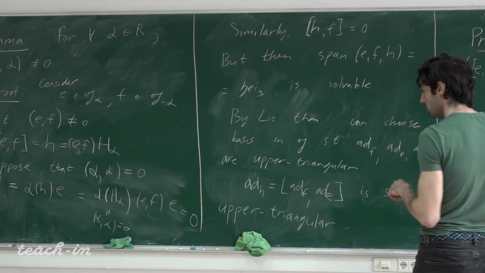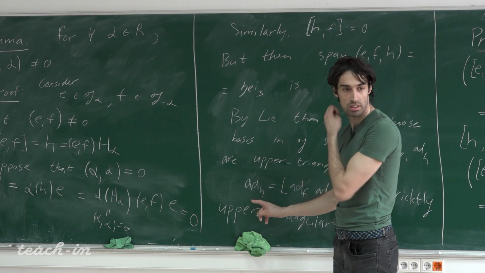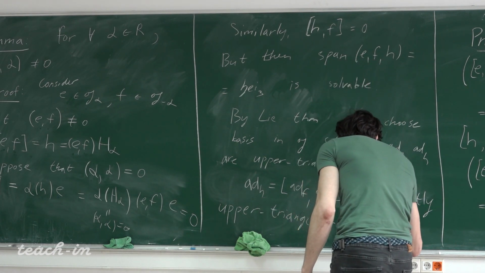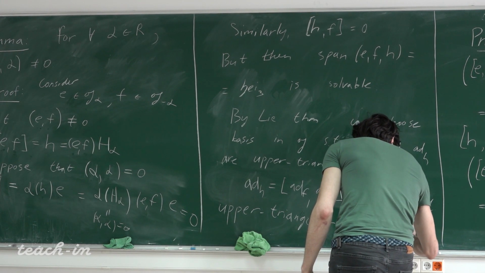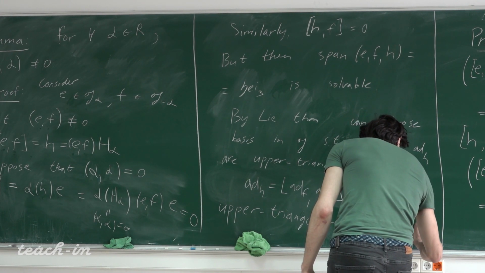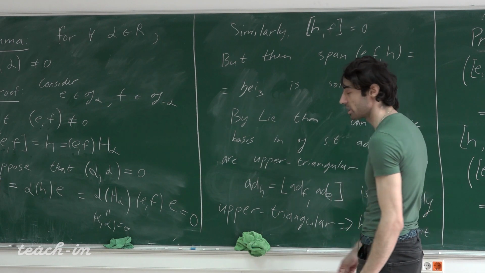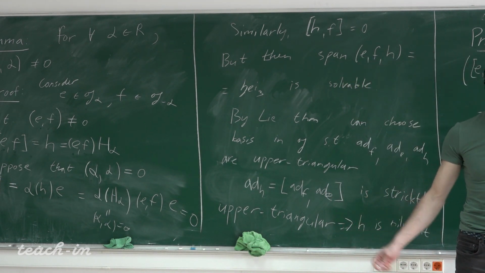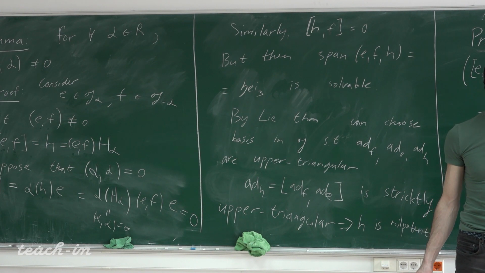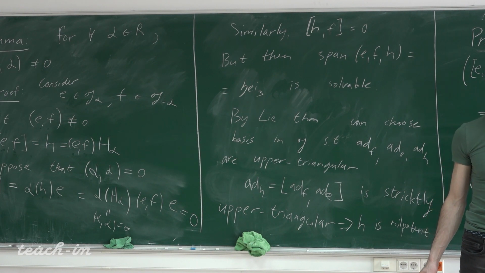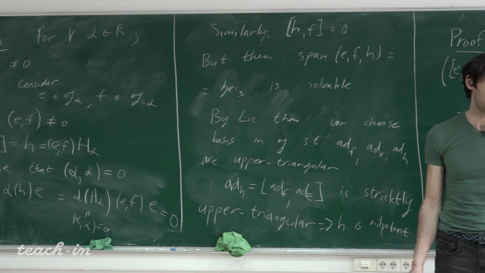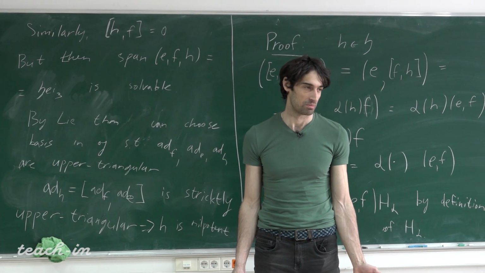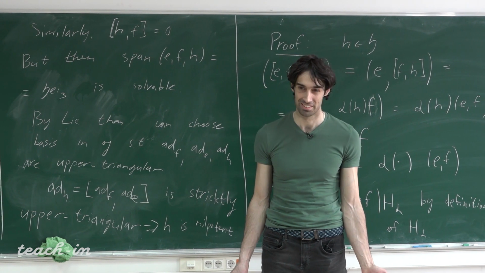But this means that H is nilpotent, right? But H is also semi-simple because it's an element of the Cartan subalgebra, right? So what is the only element which is both semi-simple and nilpotent? 0.